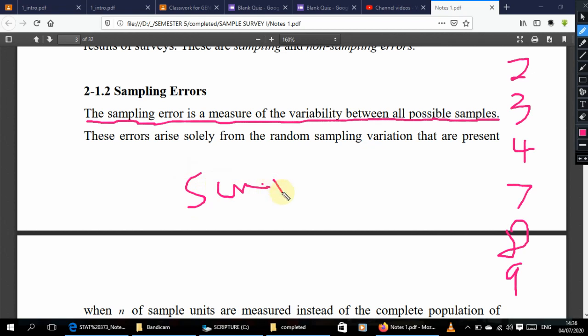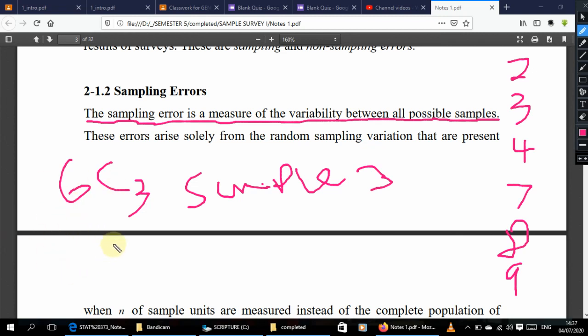So that means you have 6 combination 3 possible samples you can get. This is the number of possible samples.